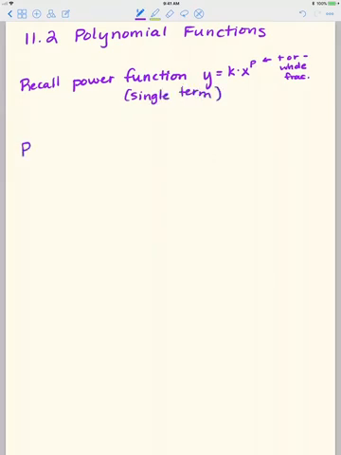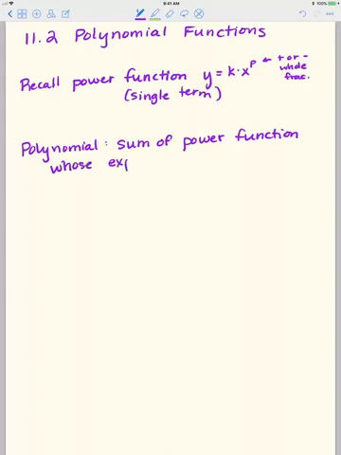For polynomial functions, that is going to take a sum of power functions. Could be 2, could be 3, could be 7. But it's going to take a bunch of power functions whose exponents are very particular. The exponents are non-negative integers.